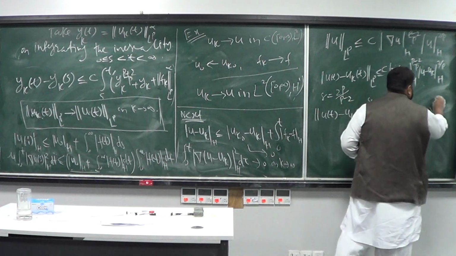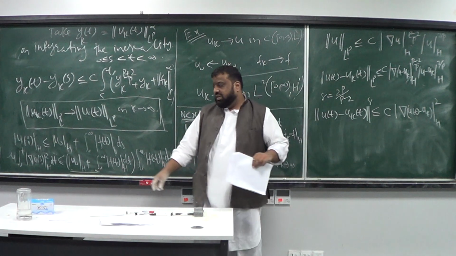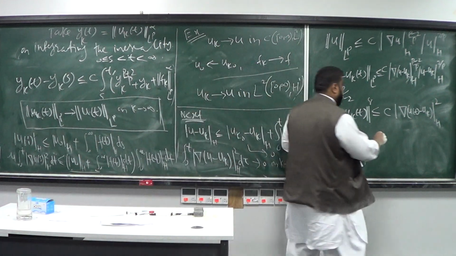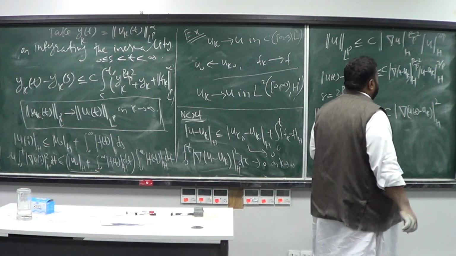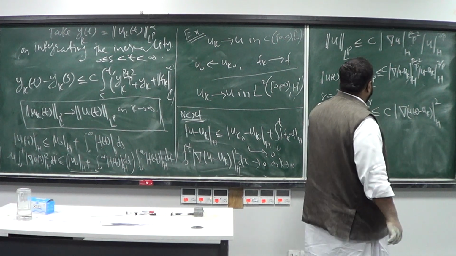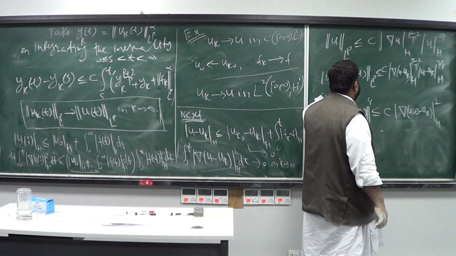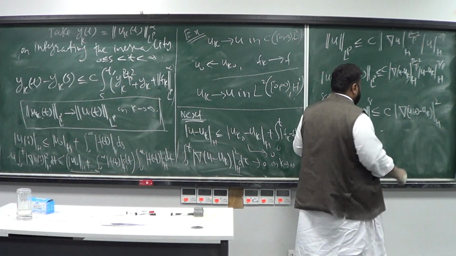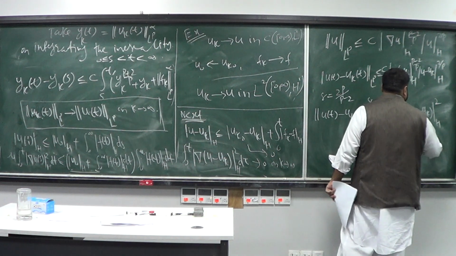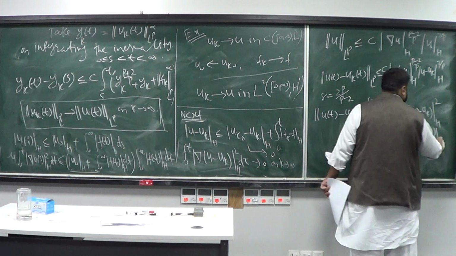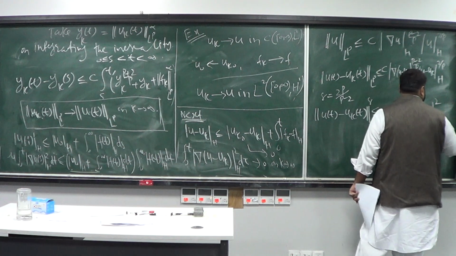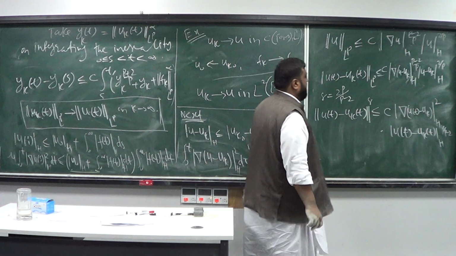So this remains with the square, times u of t minus uk of t in H norm raised to 4 over p minus 2. So this is what you're going to get.